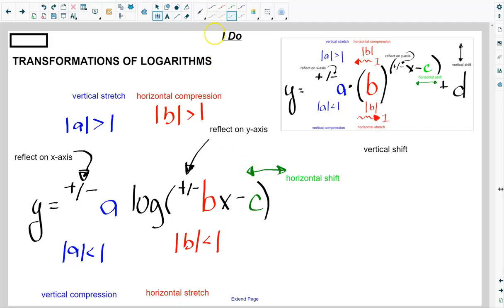And last but not least, notice way out here on the outside is your plus d, which is your vertical shift up and down. Real important. You've got all this going on, and at the very outside, you've got this plus d. That's going to play a role. So let me just do a quick check here. Make sure we have everything. Okay, it looks like we're good to go. So I'm not going to labor that anymore.